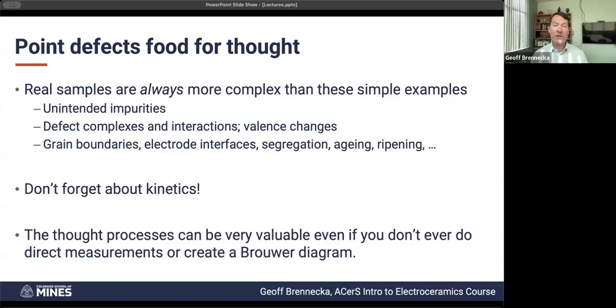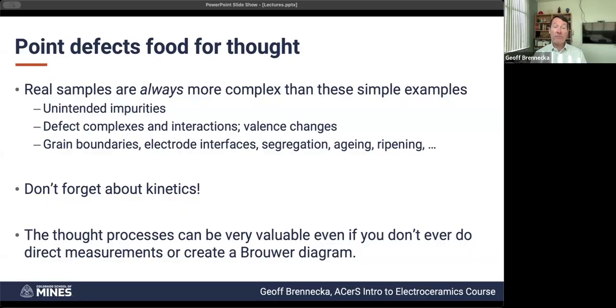The parts per million, or maybe even parts per billion, impurities that come from whatever the starting material was may end up dominating your properties, and you may not even know it's there. So these kinds of measurements can be really powerful for identifying, if not the exact species, then at least the effects of those unknown impurities. You might be able to determine that there's something there, even if you couldn't find it chemically, and then deal with it that way.